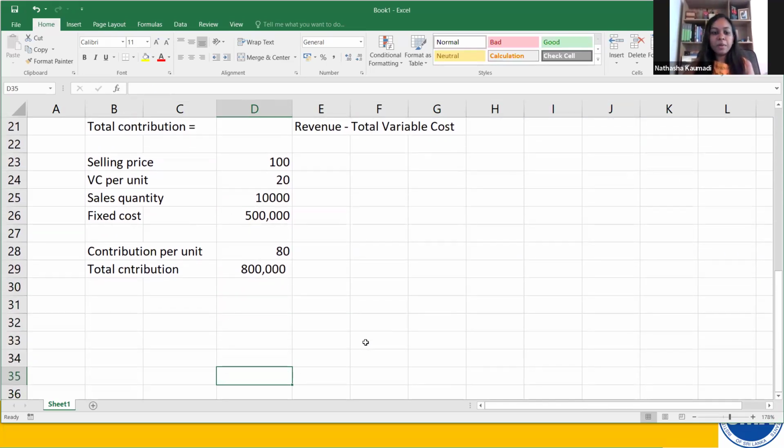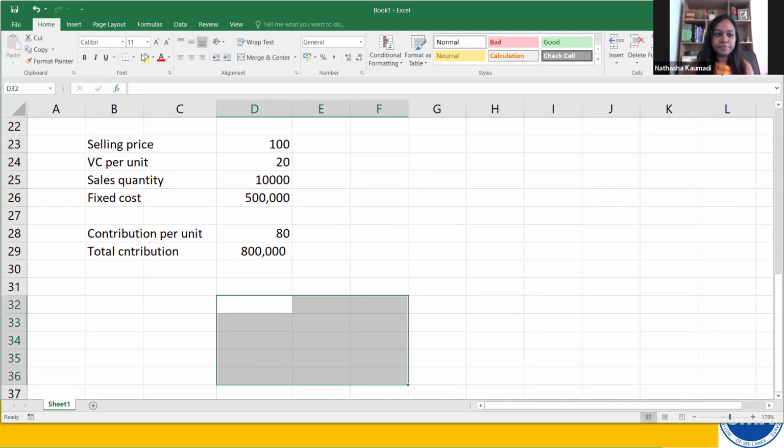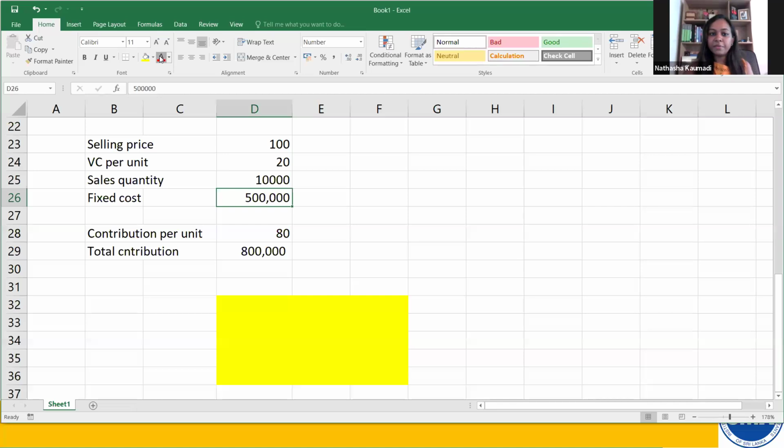Now, what about our fixed cost? How much is the fixed cost? 500,000, isn't it? Fixed cost is 500,000.